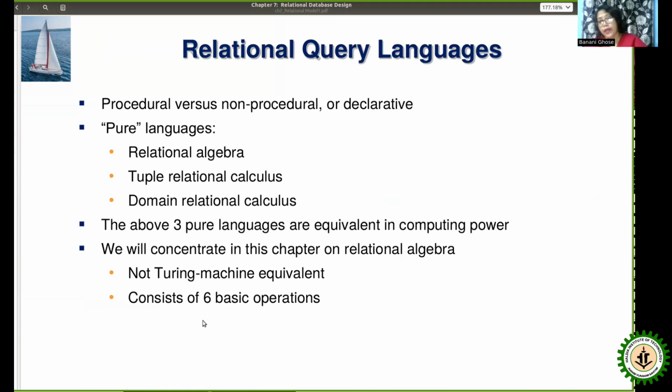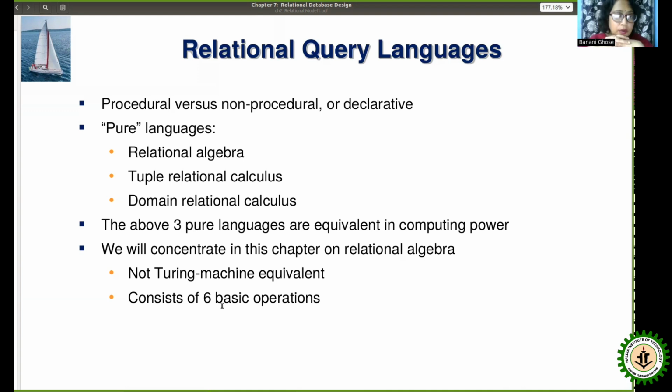Now relational query language. There are two types of query languages. One is procedural and another is non-procedural or declarative. So by that name procedural query language, you can have a brief idea about that. Let me elaborate. What is procedural query language?